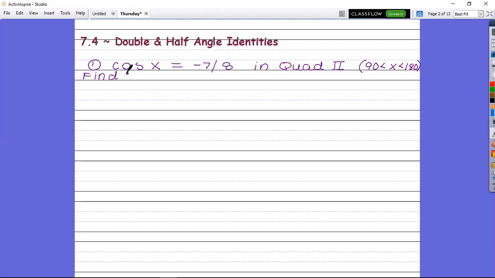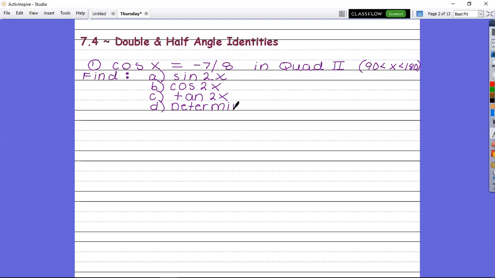Again, I wanted to use one problem to work you through a bunch of formulas. So letter A, we're going to start and find sine of 2x. And then we're also going to find cosine of 2x. So we're going to do some double angle identities. And then we're going to do tangent of 2x. And then lastly, I want you to determine what quadrant cos 2x lies in.